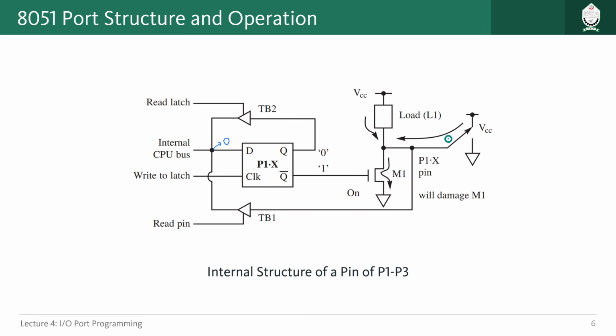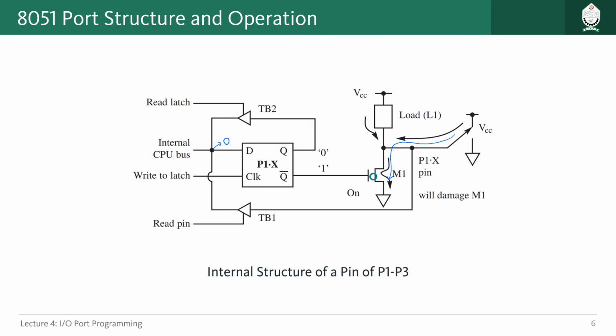So that signal will go through this path, because this path is shorted without any resistance. Huge amount of current will flow into our 8051, and that will damage this MOSFET. Our device will be damaged.